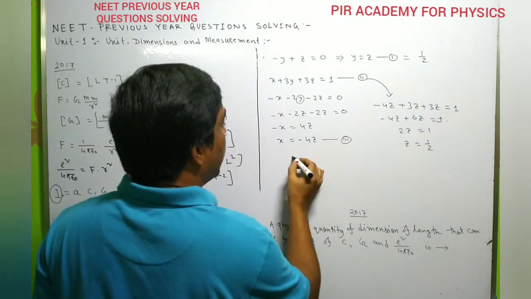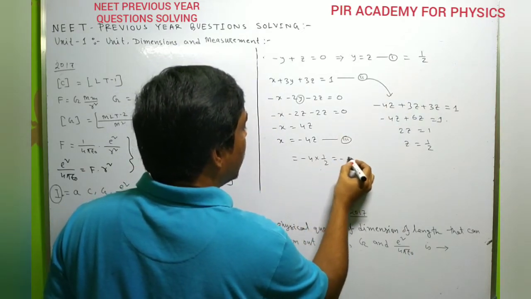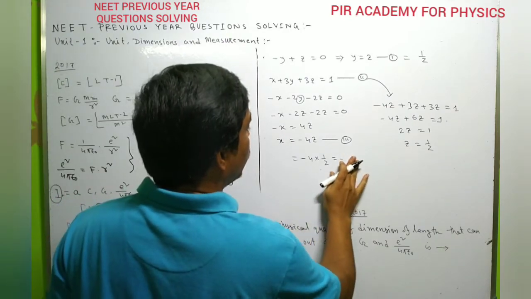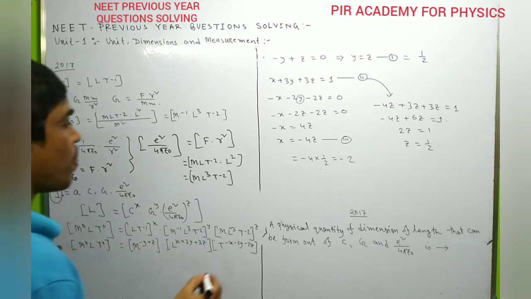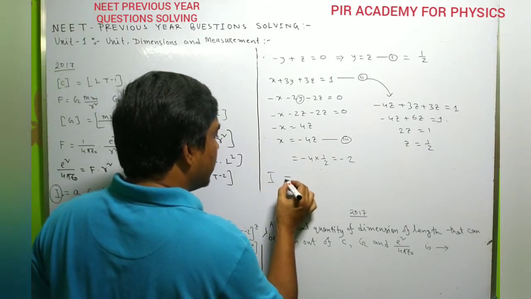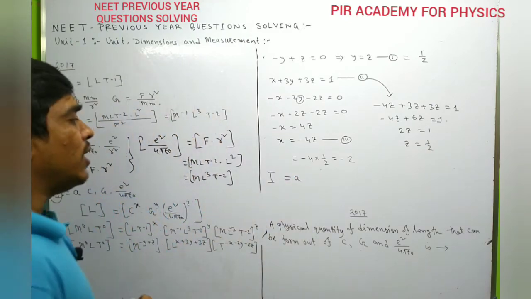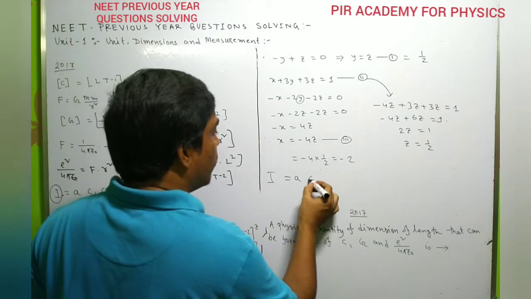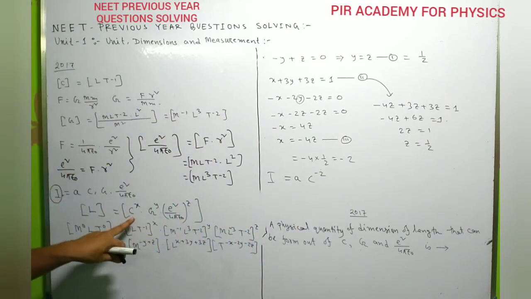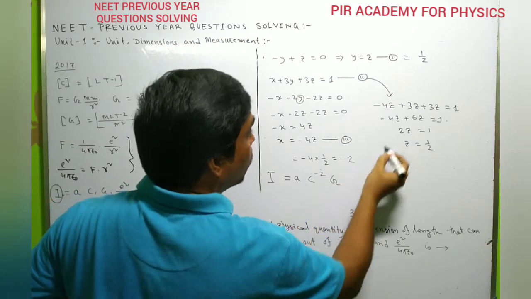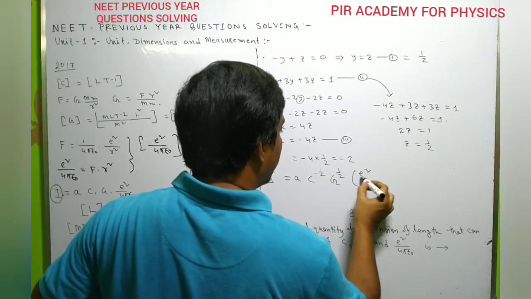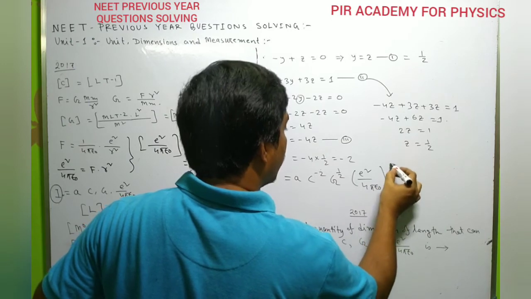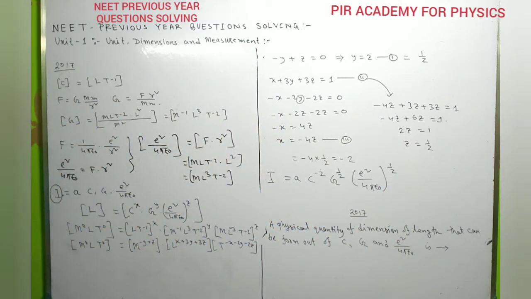Then x equals minus 2. So the physical quantity l can be expressed as some dimensionless quantity into c to the power minus 2, G to the power half, and e square by 4 pi epsilon naught whole to the power half. This is the equation.